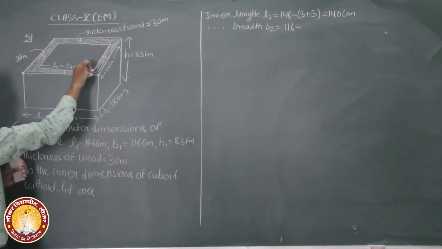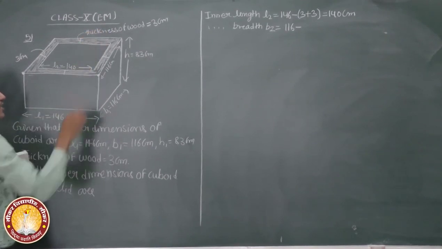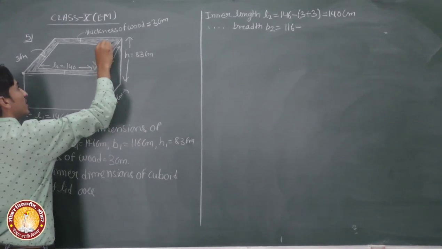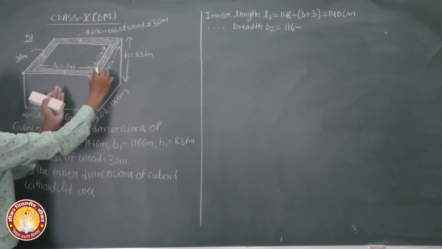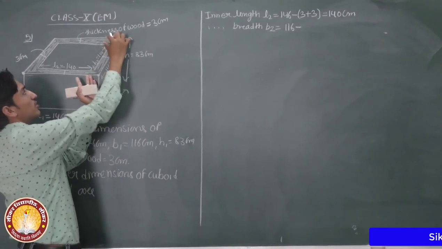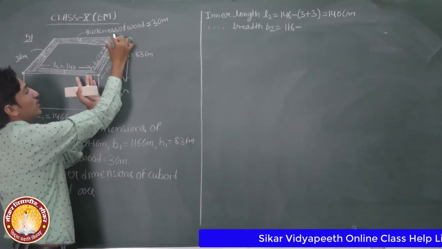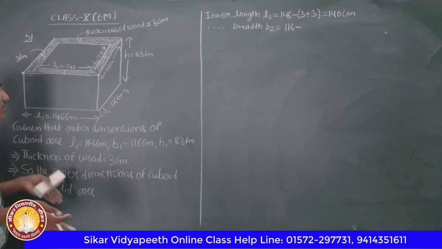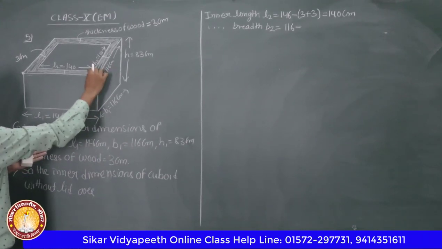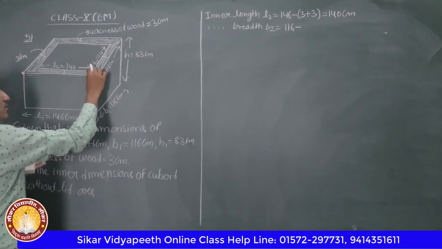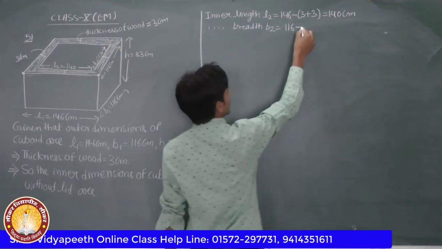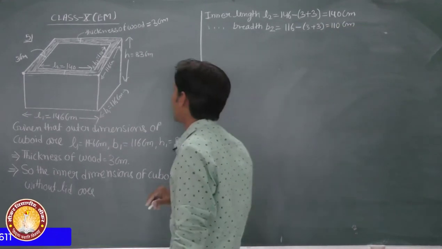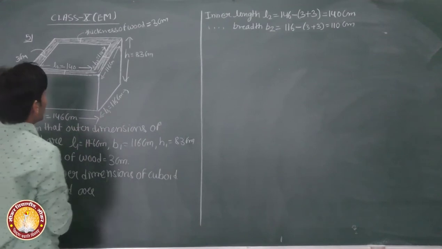If we subtract left side 3 cm and right side 3 cm thickness of wood, then we get only the inner breadth without thickness of wood. 116 minus 3 minus 3 is equal to 110 centimeter.